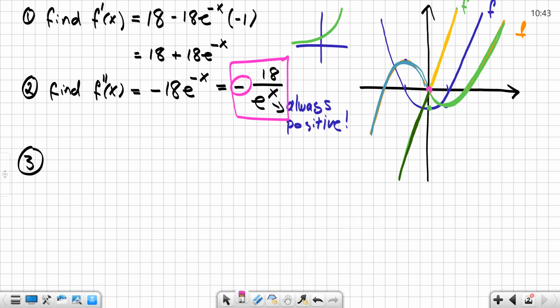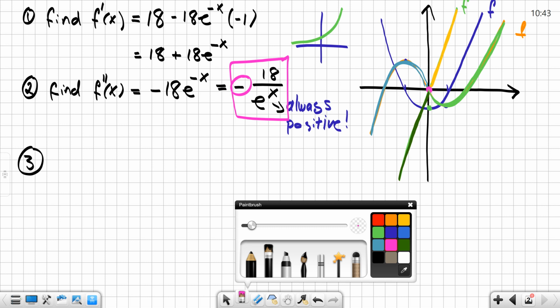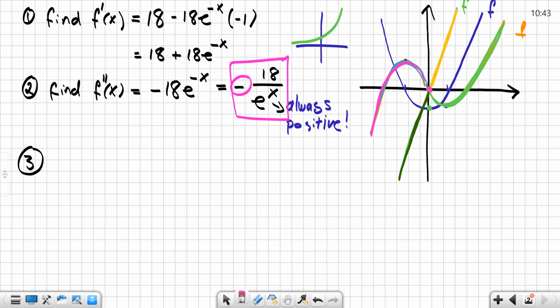And since my second derivative is always negative, I will have a scenario that looks like this. Because my second derivative is everywhere negative: no inflection points.